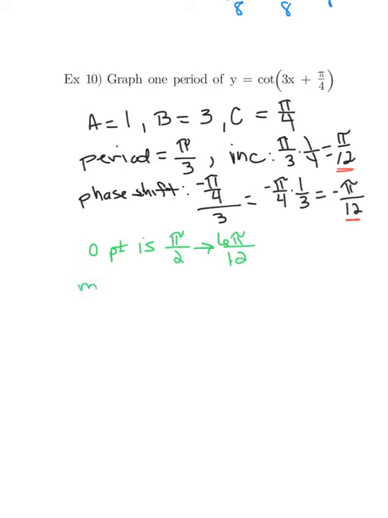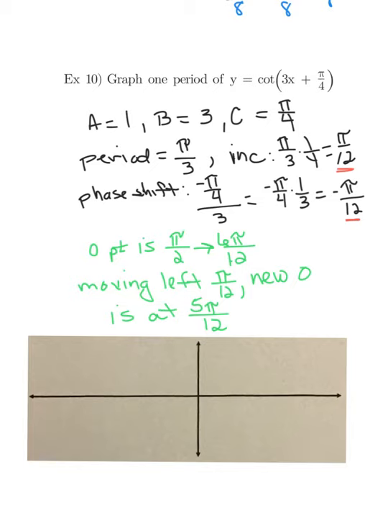So by moving left pi over 12, our new 0 is at 5 pi over 12.